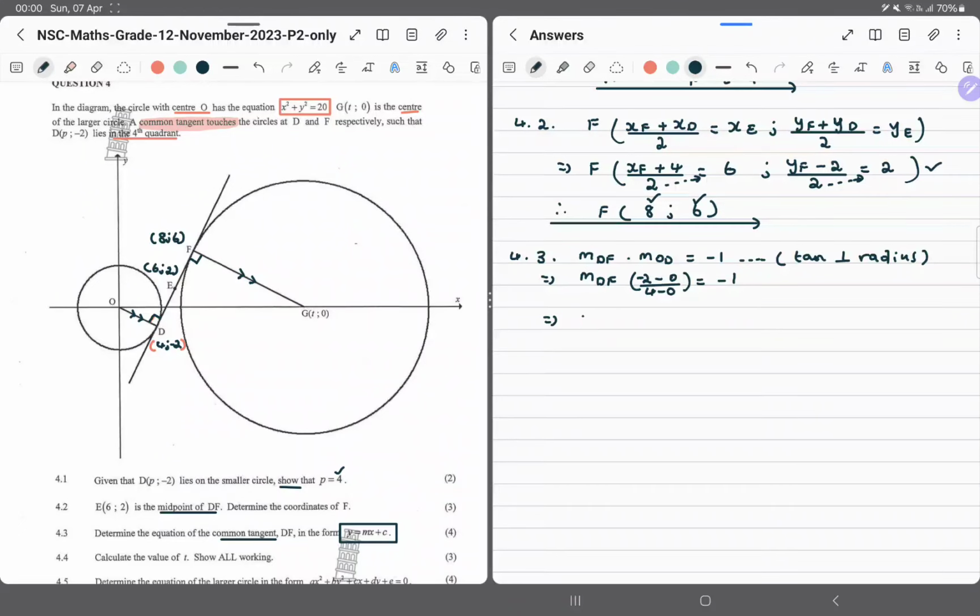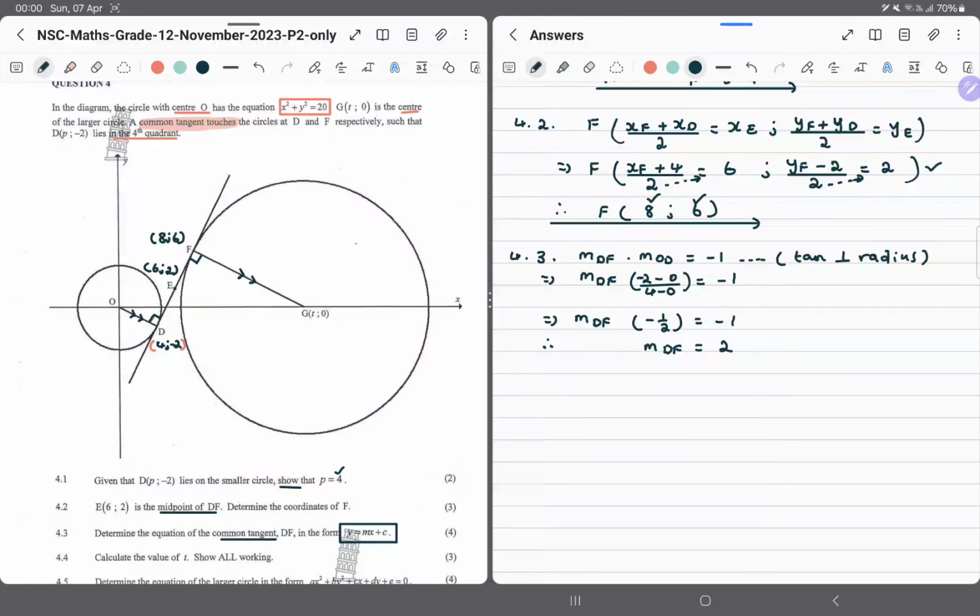We simplify this. The gradient of DF times this becomes -1/2 is equal to -1. Therefore, we can make our conclusion that the gradient of DF is going to be, when we divide by -1/2, we get 2.